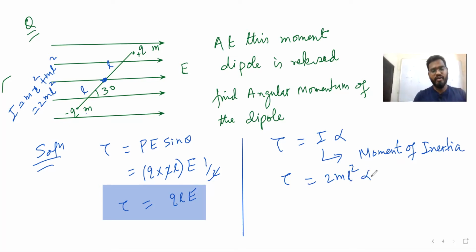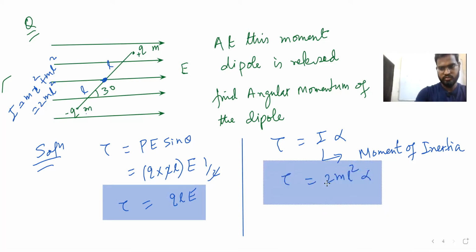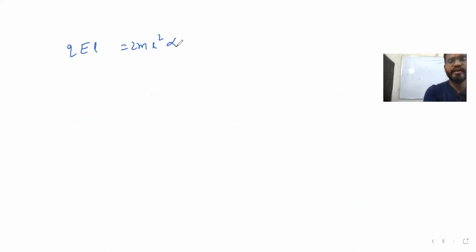Now we want to find alpha, right? So now let's equate both the torques. So Q into E into L is equal to 2ml square alpha. L cancels out.